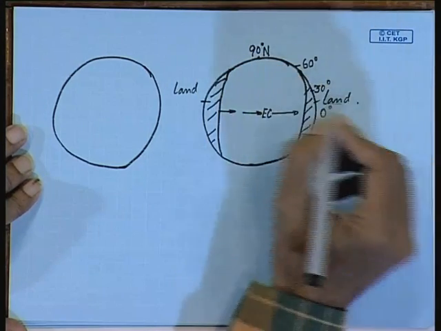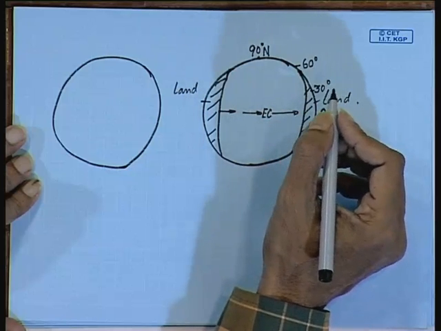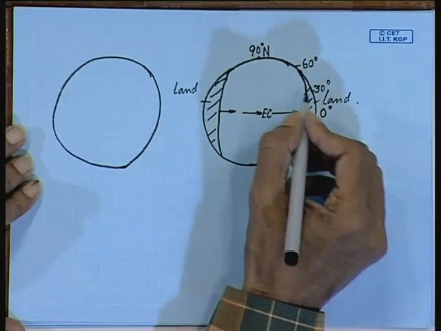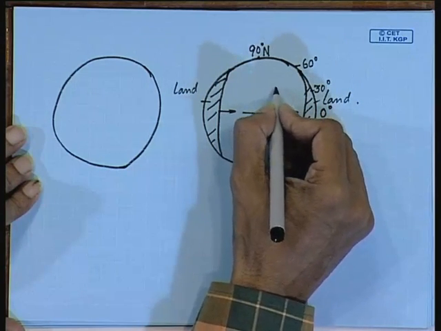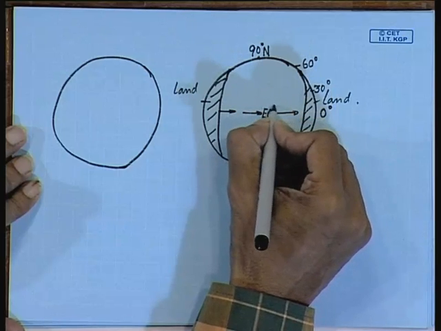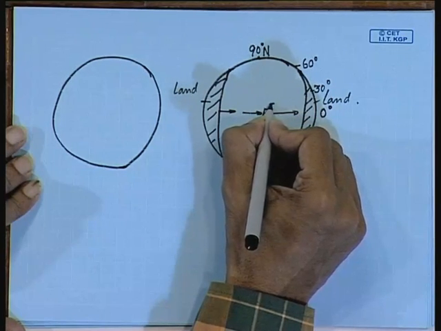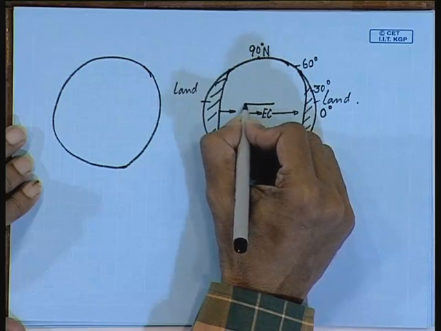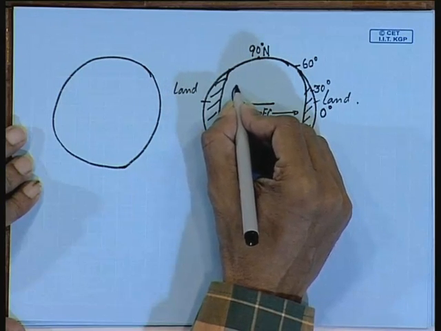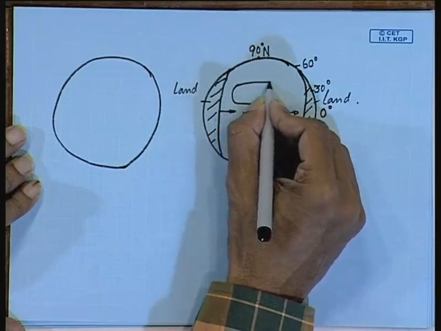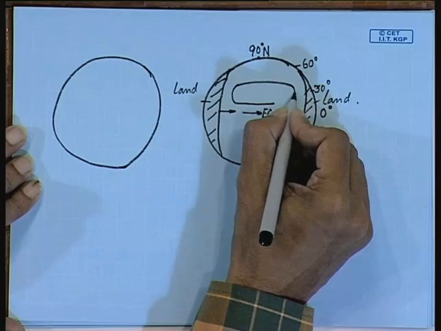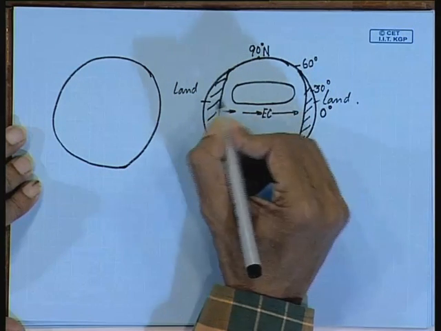So, this is 90° at the poles, north pole. Now, if you look at the current distribution around 30°, it has been said that you have a current gyre. Now, you tell me in which direction this will go. So, gyre is a closed loop of water. So, it is circulating in this manner.